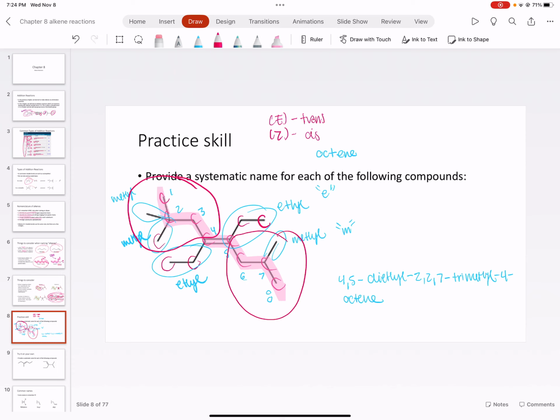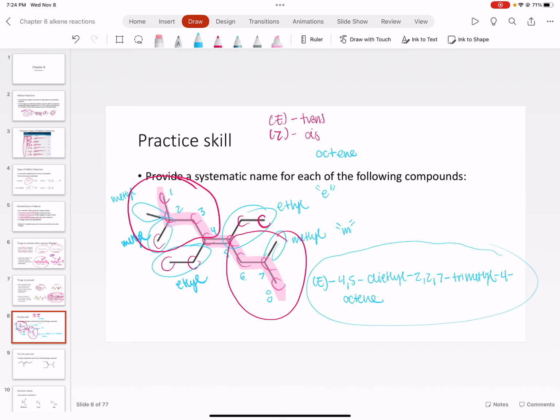So if you think about it, they're going to have that E relationship, or you can say trans, and we normally assign that up front, so we're going to put that in here. Our answer should be E-4,5-diethyl-2,2,7-trimethyl-4-octene. So those are some things to consider mainly.